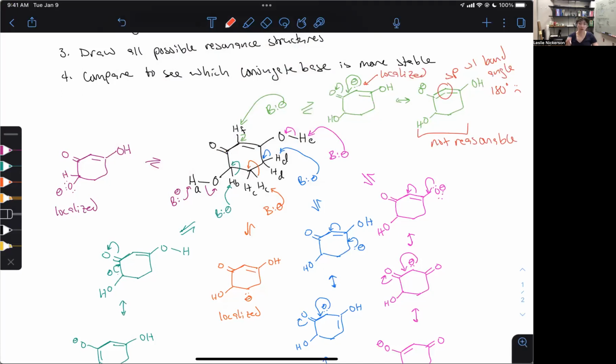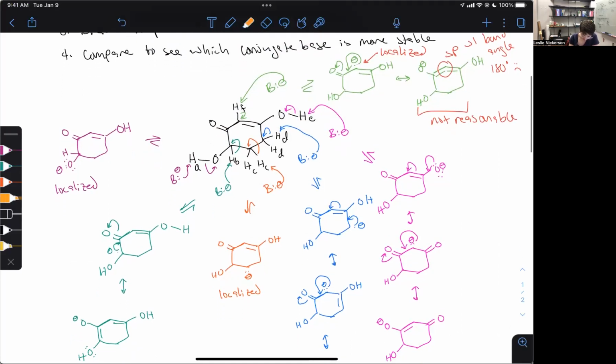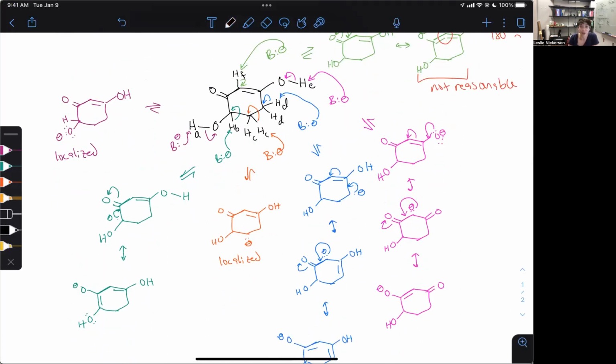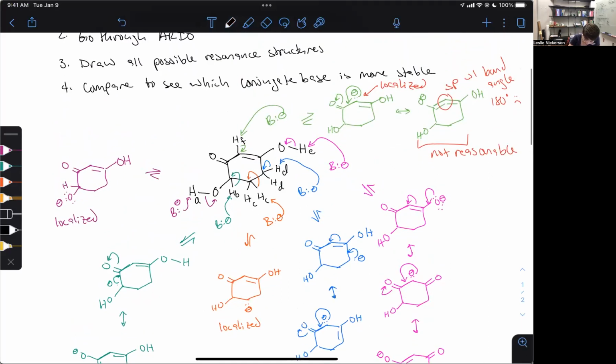Okay, so now that we have all of our options, we kind of need to go through and start discarding some of the ones that are just not as good as the others. So let's go ahead and start, trying to figure out which color to use. Okay, so anything that's just kind of localized on a carbon, I'm gonna not care about.